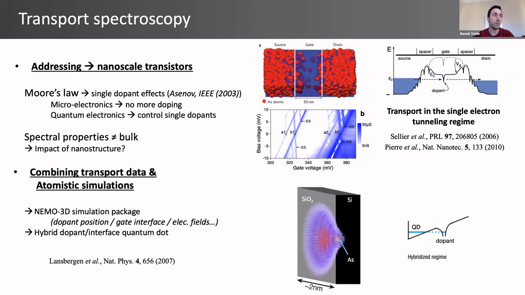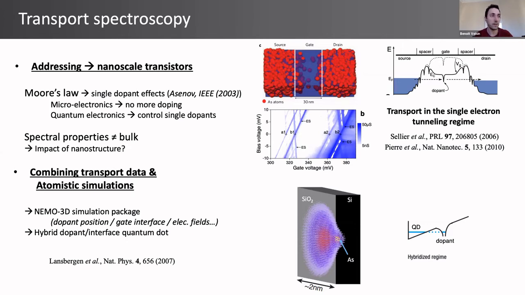An answer was given by combining this transport data with an atomistic simulation framework. Back in the day, it was called NEMO 3D, a simulation package where someone can simulate the spectral properties of a single dopant embedded in a full nanostructure that includes precise dopant position, the presence of a gate interface, and also electric fields.